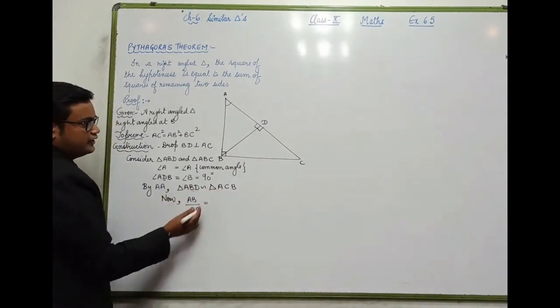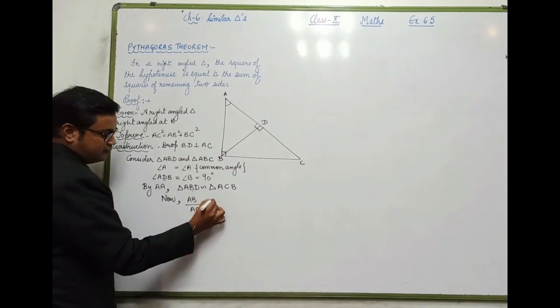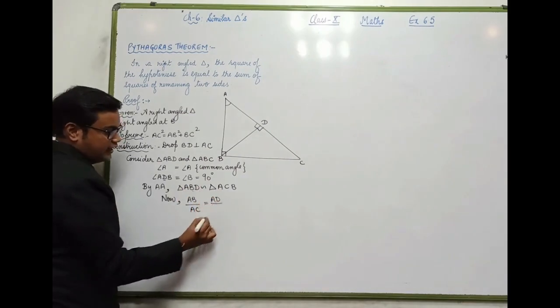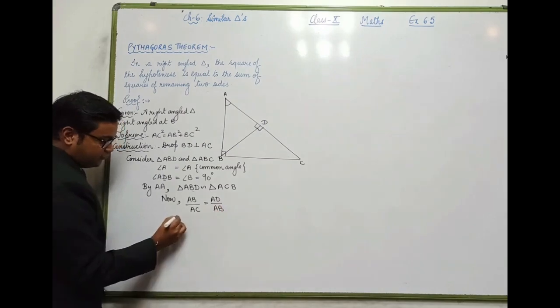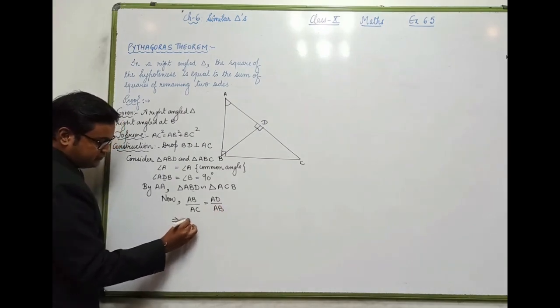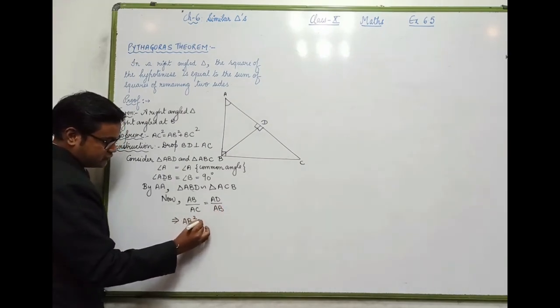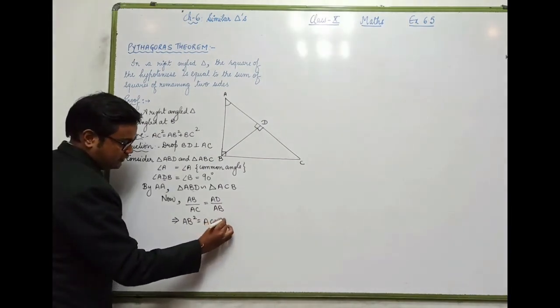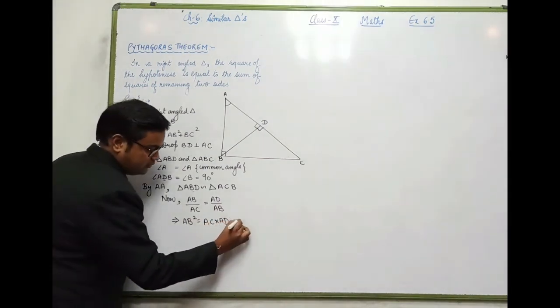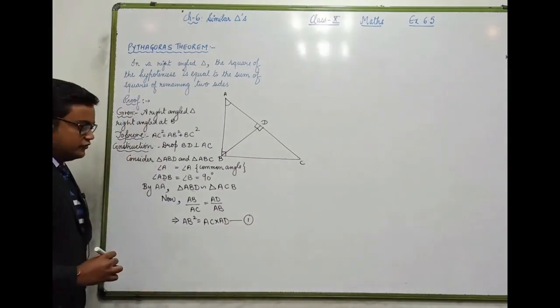Now let us take AD. So I will have to take AB from there. When I cross multiply, children, I get AB square is equal to AC into AD. So you need to mark this important observation number 1.